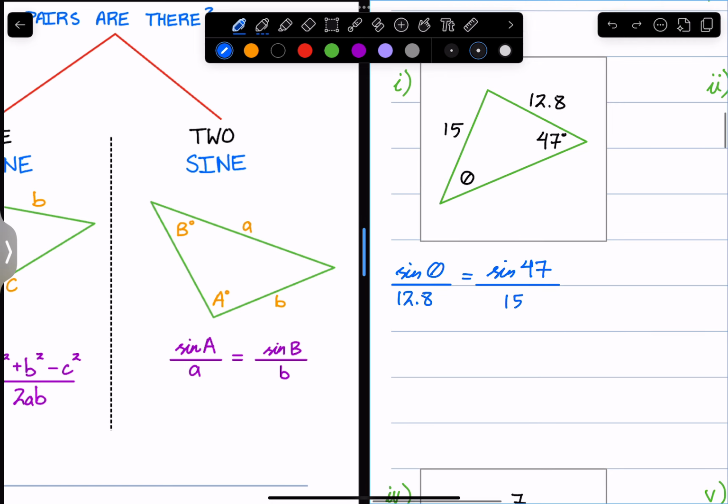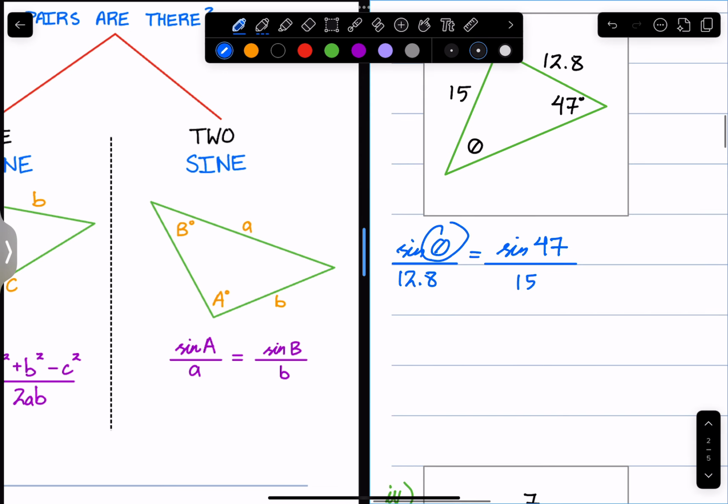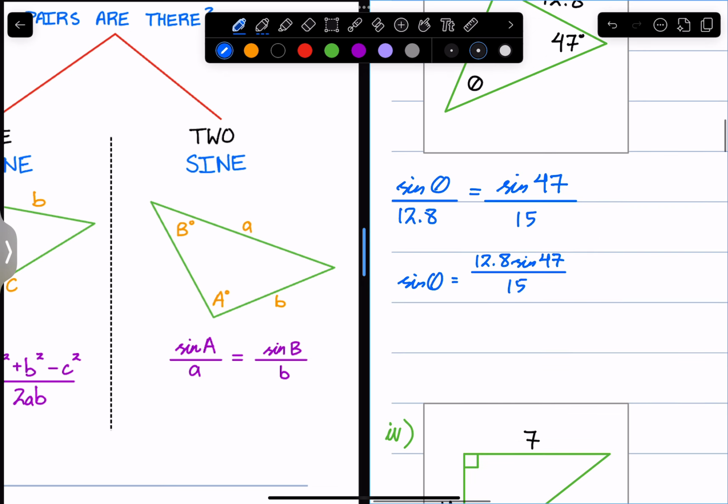From here, it's just a matter of solving for this missing angle. We multiply by 12.8. So we get sine theta equals 12.8 times sine 47 all over 15.